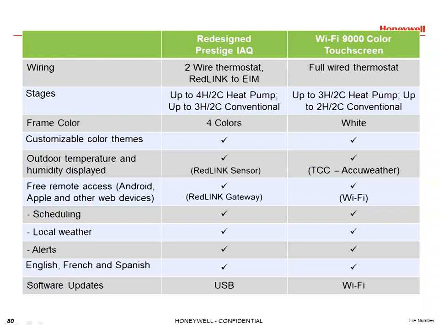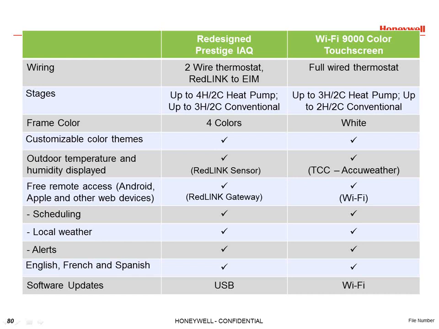Now, I talked a bit about the Prestige, and what I wanted to do here was look at how the Redlink Prestige IAQ stacks up against the Wi-Fi Prestige, because they look exactly the same. One's Wi-Fi, one is Redlink. When it gets to wiring, the Wi-Fi thermostat is 5-wire. Granted, you can use a wire saver if you need to, but the Prestige Redlink thermostat can be 2-wired, so you're just getting power to that thing.